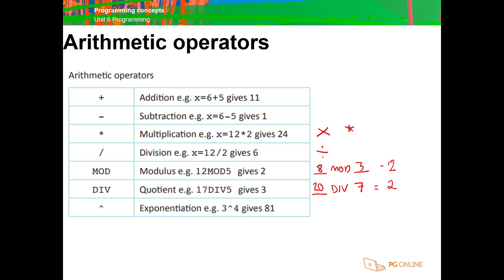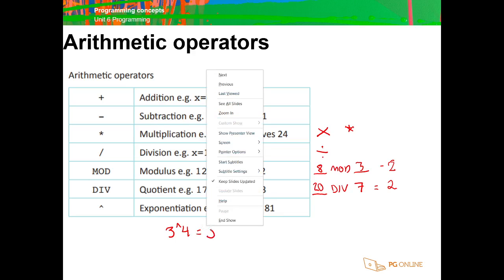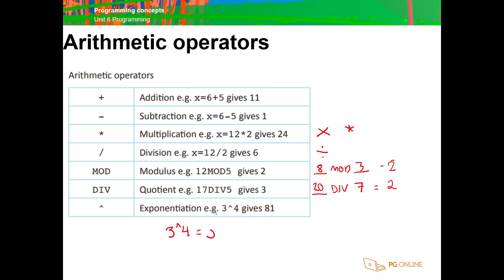Well, the next one, which we haven't really done much about, is this little arrow, which means exponential. In other words, to the power of. So 3 to the power of 4, which is the same as saying 3 times 3 times 3 times 3.